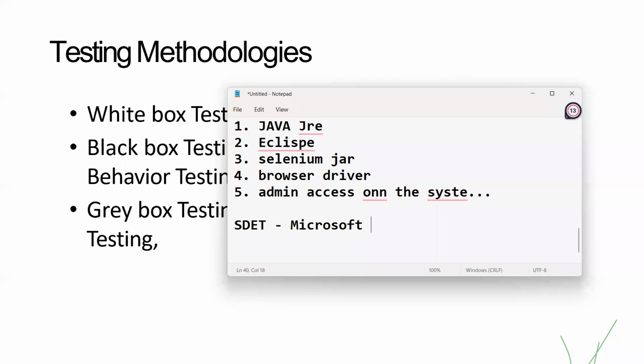Are you strong in any one of the programming languages? If you go for an interview for a Microsoft client, even though the job is a tester job, they ask, are you strong enough to work on any one of the programming languages like Java or C#?